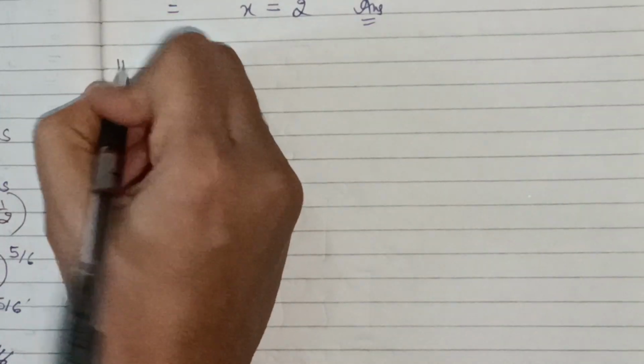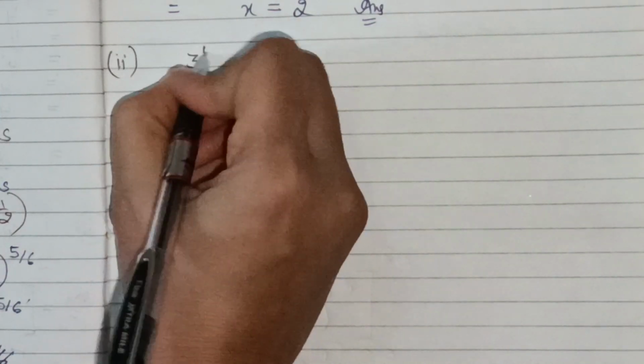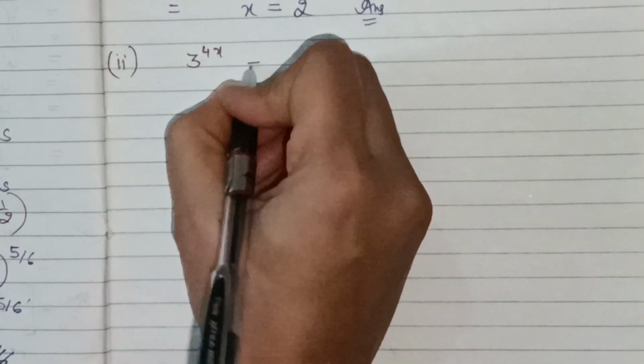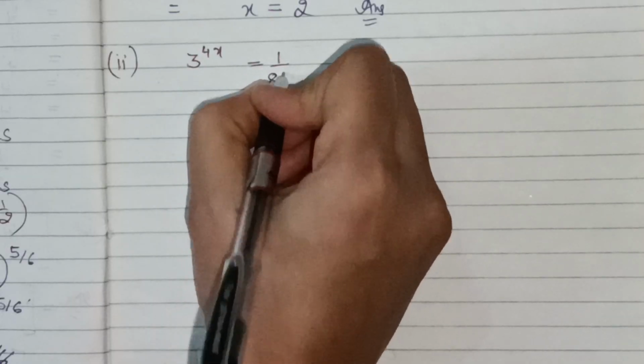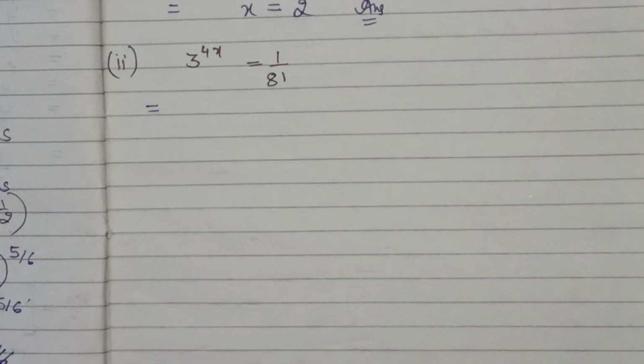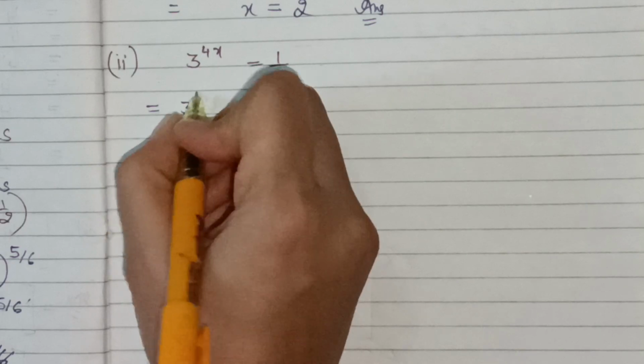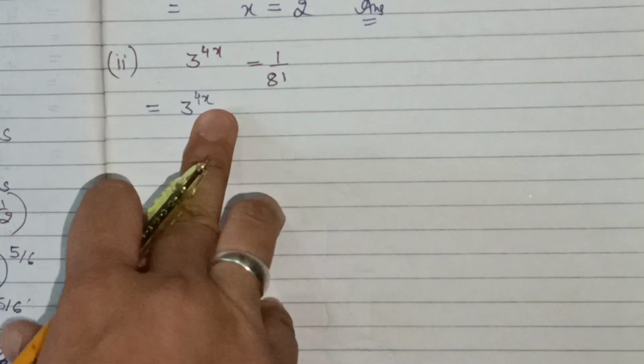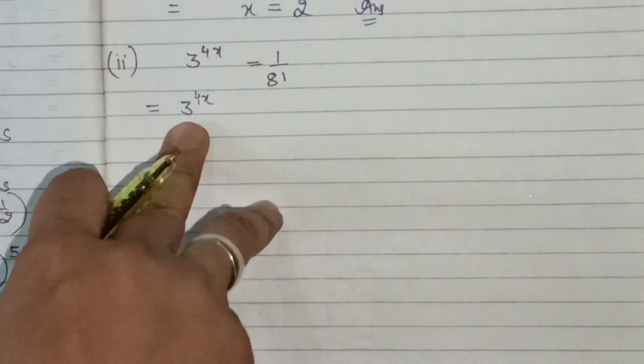Now our second part is 3 raised to power 4x is equal to 1 upon 81. Here the exponent of 3 is 4x and the base is 3.